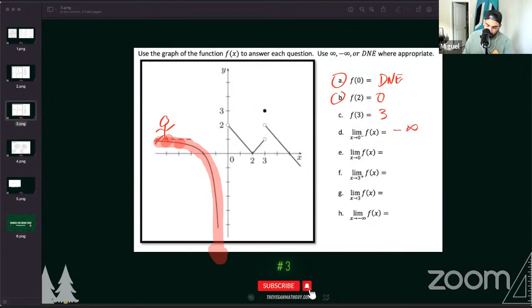Okay, so now let's talk about part E, as x approaches 0. This is interesting. They kind of just jumped the gun there. We did the limit as x approaches 0 from the left side. It was negative infinity. Just to show what the limit is actually going to be, let's also figure out what the limit as x approaches 0 from the right side is going to be. Hopefully you can kind of tell already.